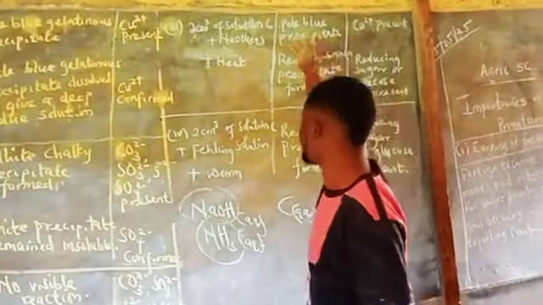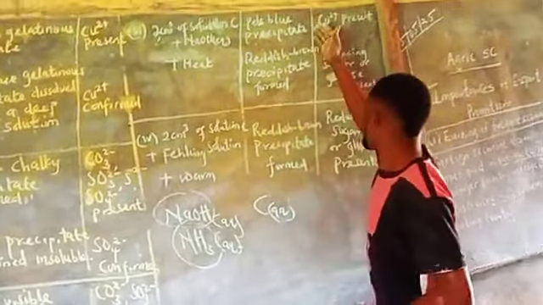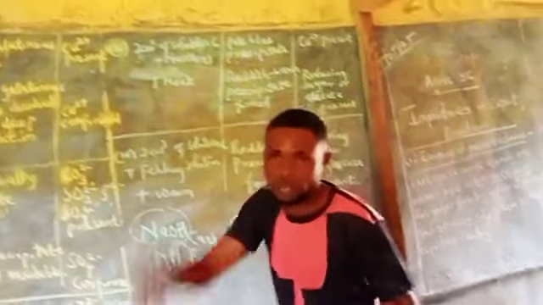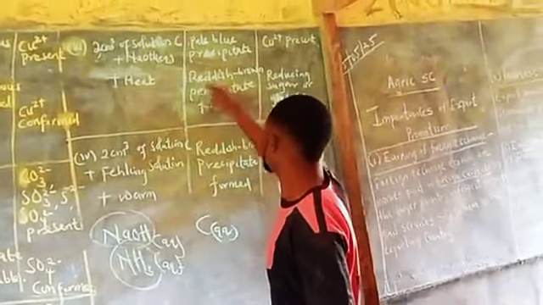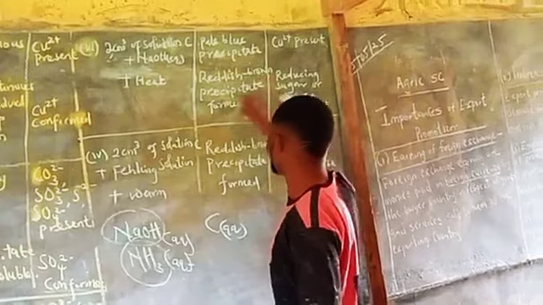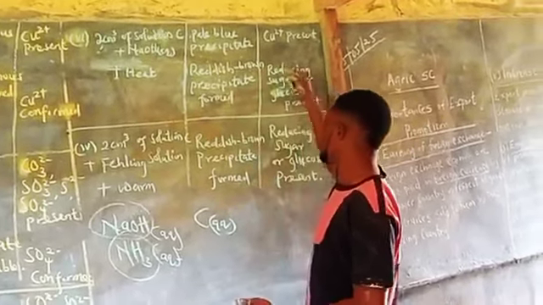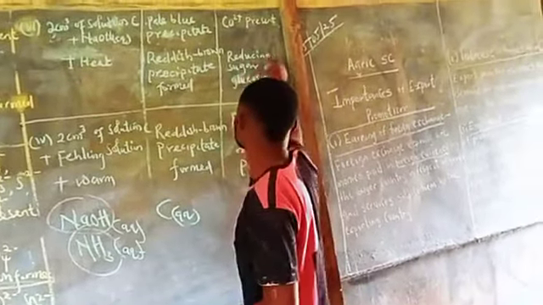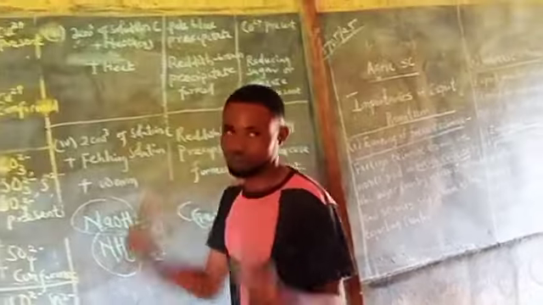We discussed this earlier. Then apply heat, and a reddish brown precipitate forms. This shows that sugar or glucose is present.